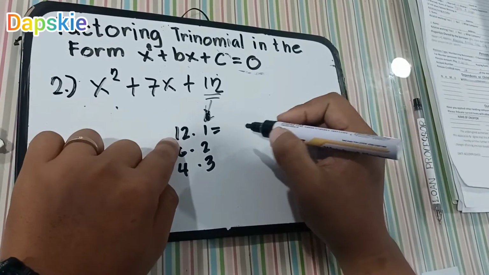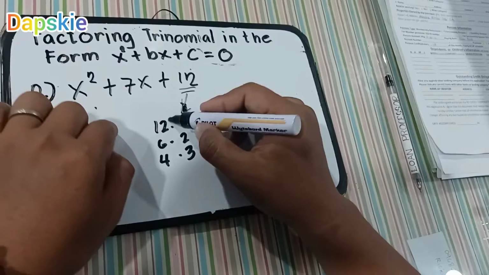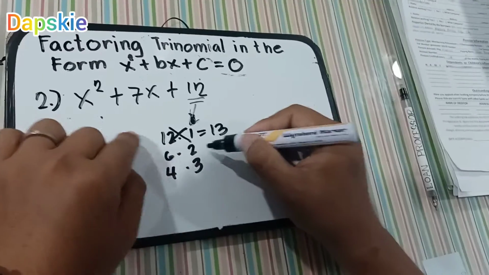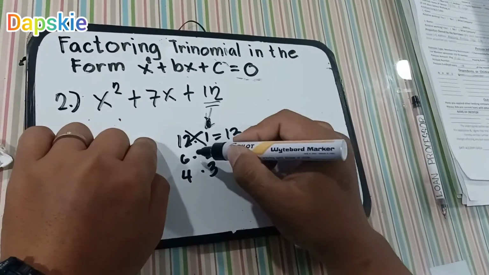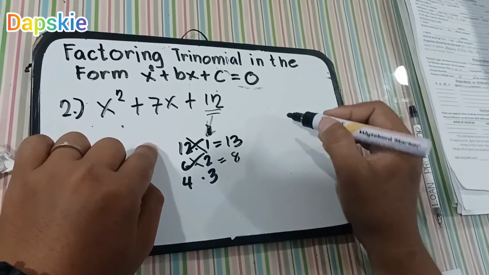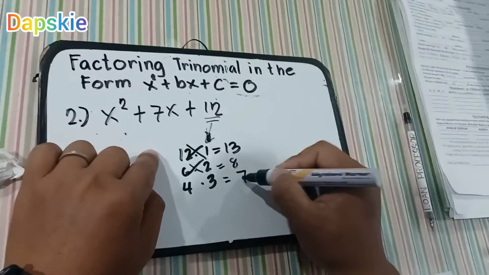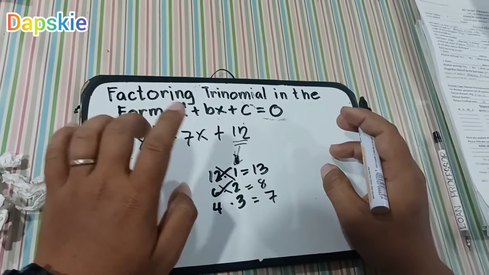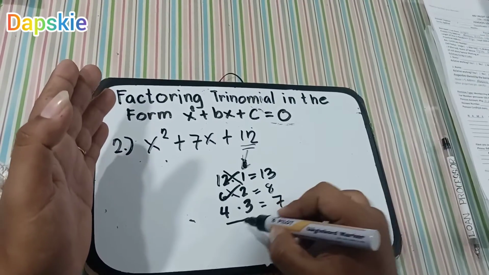12 plus 1 is 13, so this is not equal. 6 plus 2 is 8, and we are looking for 7, so this is not our factor. We use 4 plus 3, which is 7. We are looking for 7, so this is equal. Since it is equal, we use 4 and 3.